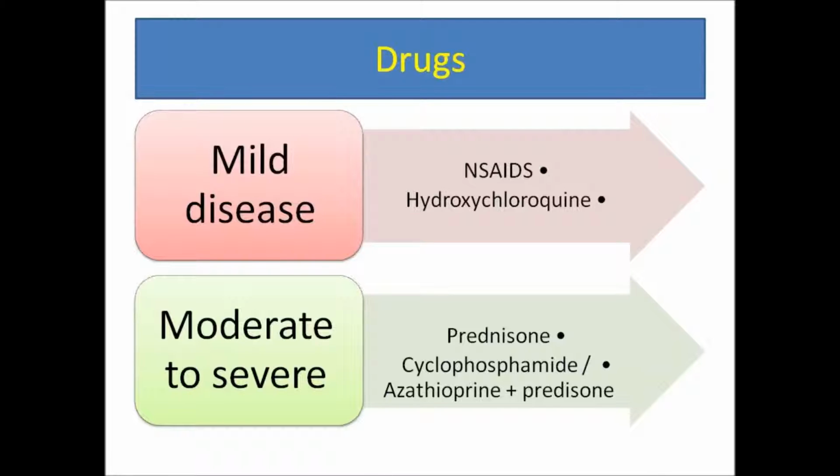If the patient is not responding to NSAIDs, we can give hydroxychloroquine, which is an anti-malarial, but we don't know what its job is in rheumatological diseases. It's also used in rheumatoid arthritis. If the patient is entering into a more severe form of the disease, and she may have seizures or proteinuria, then we start with more aggressive treatment.